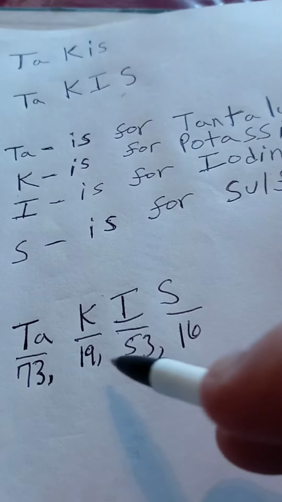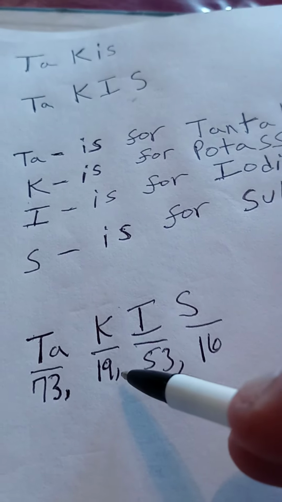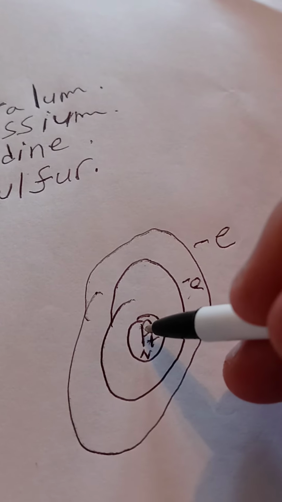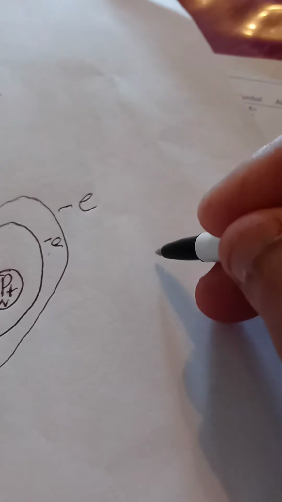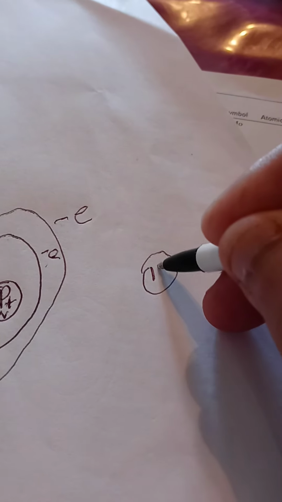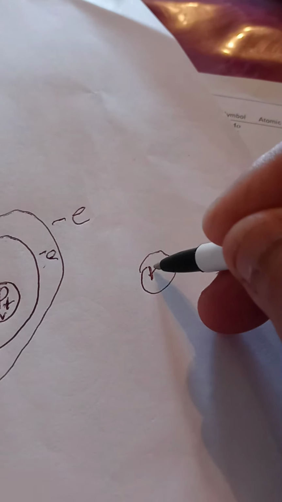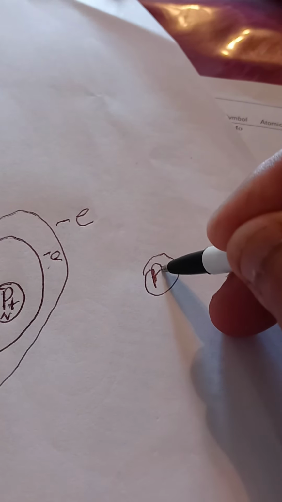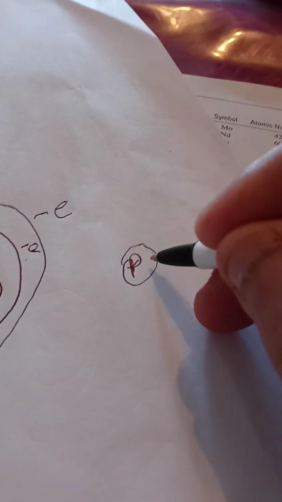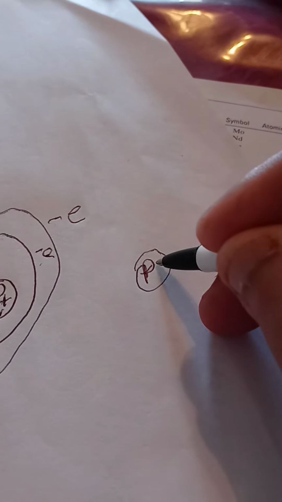Potassium has atomic number 19. See the P right here? So if you have potassium, you have P, and then you have 19, P19.